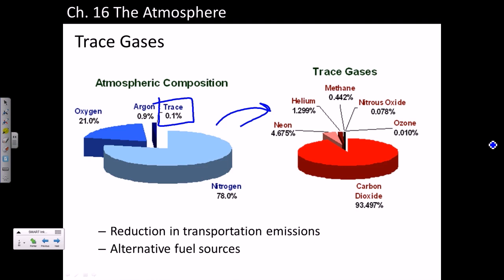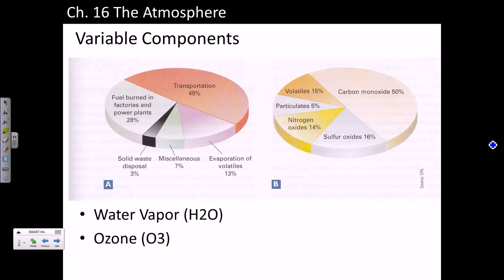Of the gases that are problematic for us with regard to greenhouse gases, we can check off just a few: methane, nitrous oxide, ozone, and CO2. So many of the trace gases that are in the atmosphere are also greenhouse gases as well. And there is a reasoning behind that. The variable components are called variable components because they don't exist in the same quantities across the globe.